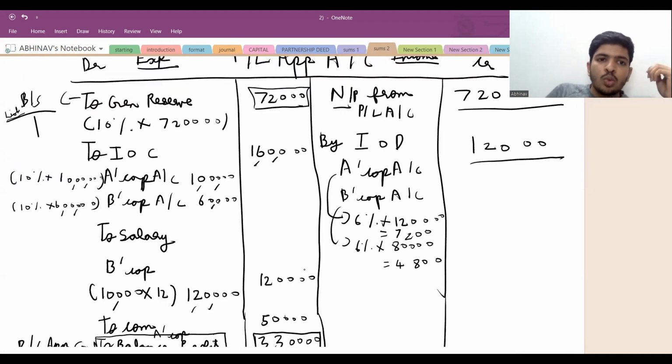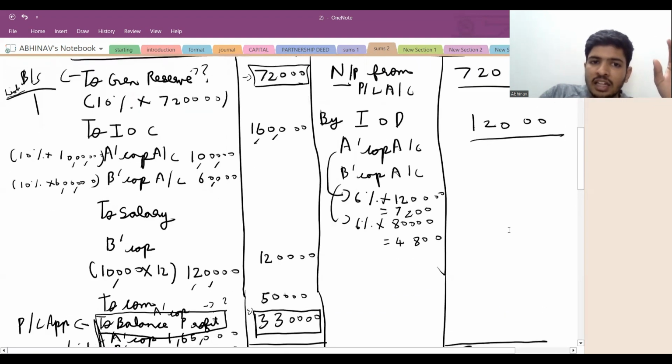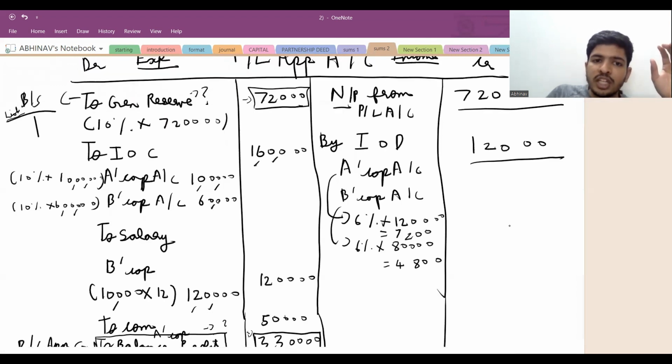But here you have to find general reserve. And it is telling balance profit also you don't know. So it's saying 10% of distributable profit will be transferred to general reserve. So since you can't find this, you can't find this also. It will be pending. So what I essentially did is I added this credit side fully and subtracted it by terms which I know for sure.